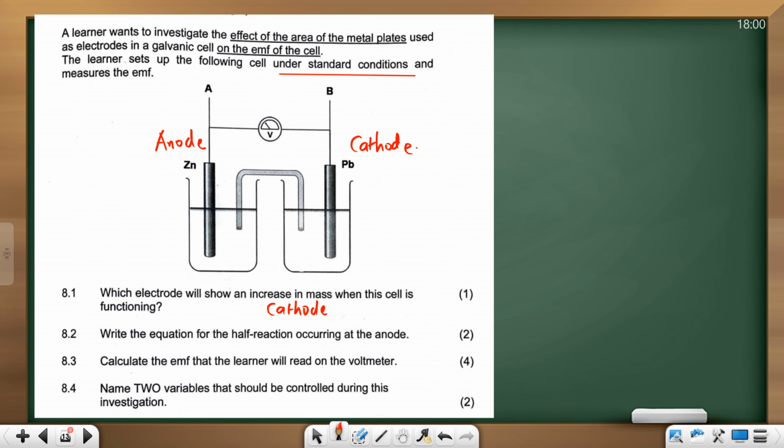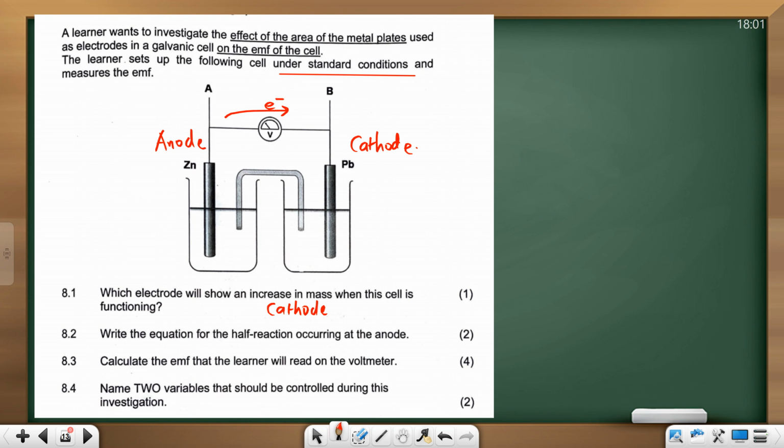Now, before I move to the other questions, look at what the examiners will do for you. An examiner can come and tell you electrons are flowing this way. They won't give you zinc, they won't give you lead. We'll use electrons to check.